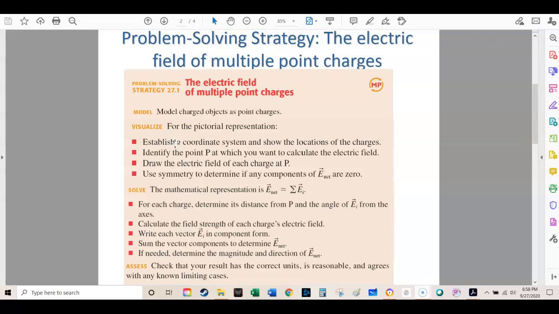That's the y direction coordinate. You're going to identify a point at which you want to calculate those overlapping vectors. Draw the electric field vectors at that point P. And then you're going to start creating equations to calculate that. Okay. So the best thing to do is just try it out.